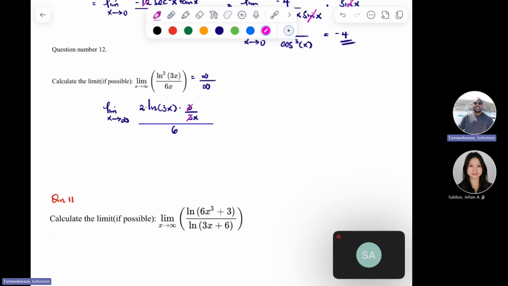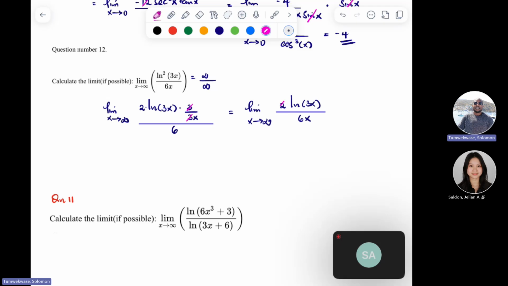These 3 can cancel. And if I want to write this nicely, this is limit as x approaches infinity of 2 natural log of 3x, then divide by 6x.